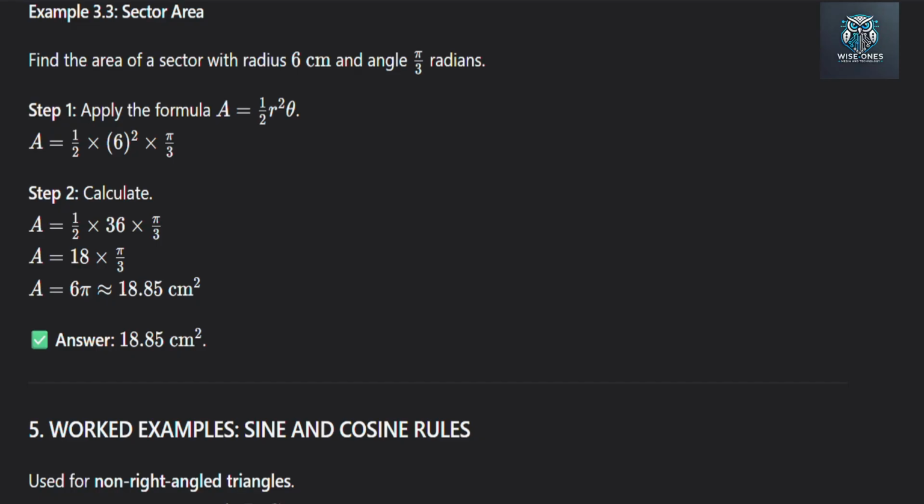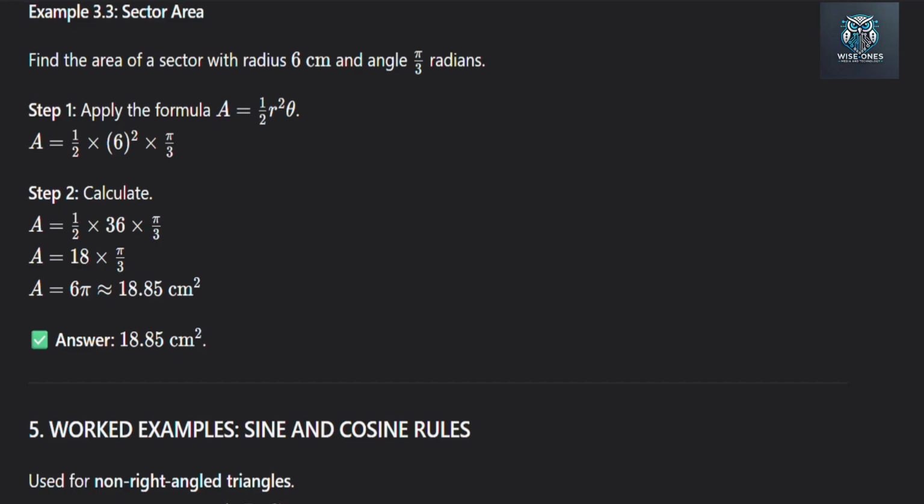Now, let us look at example 3.3, sector area. The question is, find the area of a sector with radius 6 centimeters and angle pi over 3 radians. Step 1. Apply the formula A equals 1/2 times r squared times theta. A equals 1/2 times 6 squared times pi over 3.